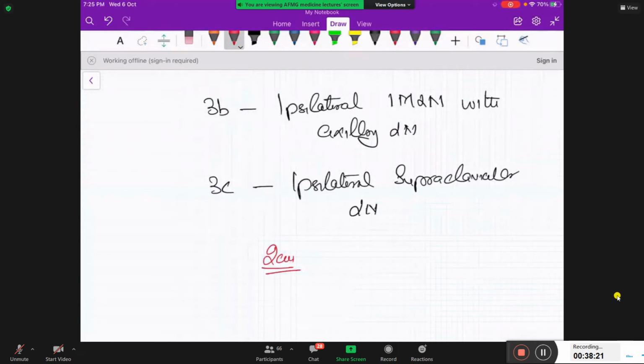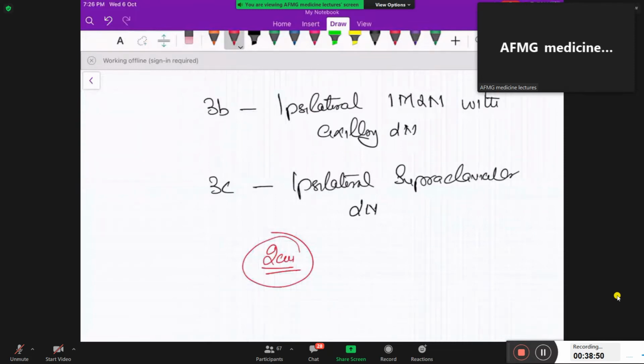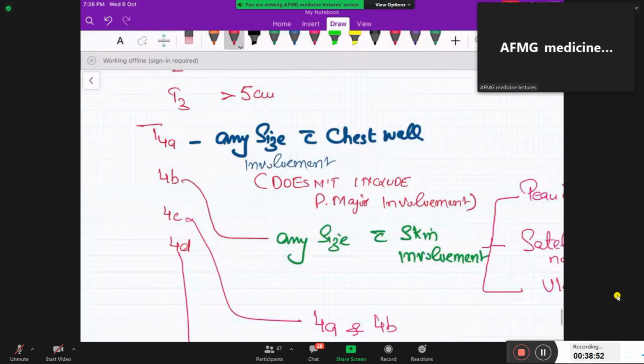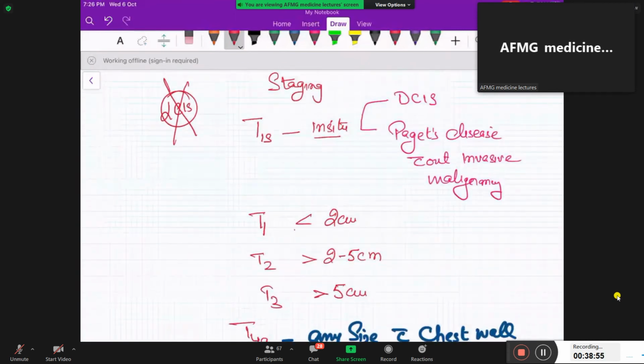What is the T of this patient? It is T1.